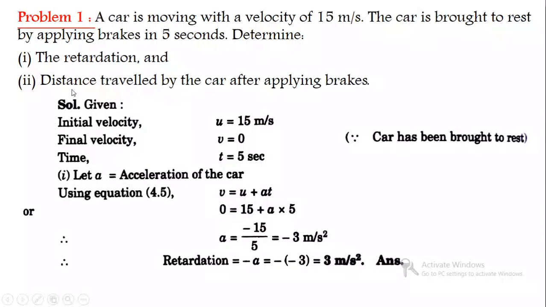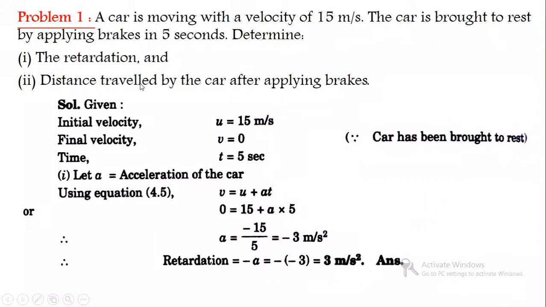Next, the distance traveled by the car after applying the brake. After applying the brake, the car takes 5 seconds to come to rest. In those 5 seconds, how much distance will the car travel? These two things we have to find here.